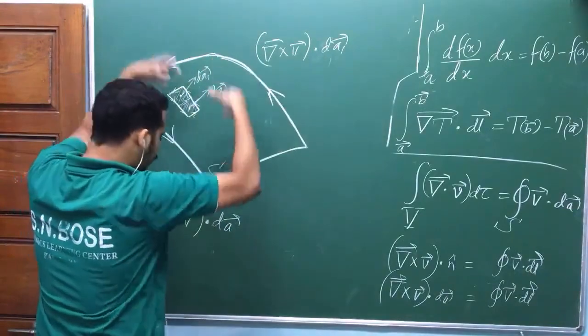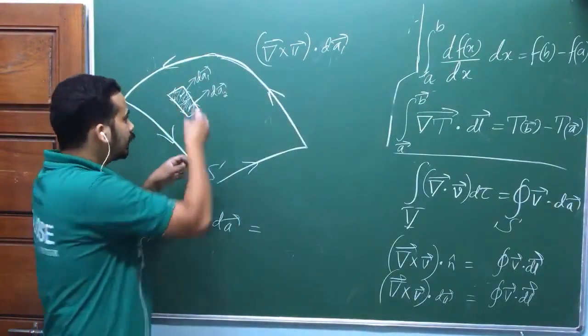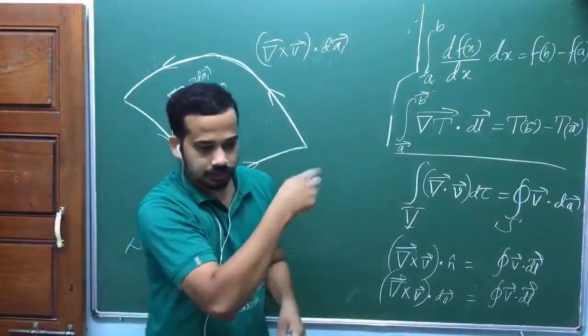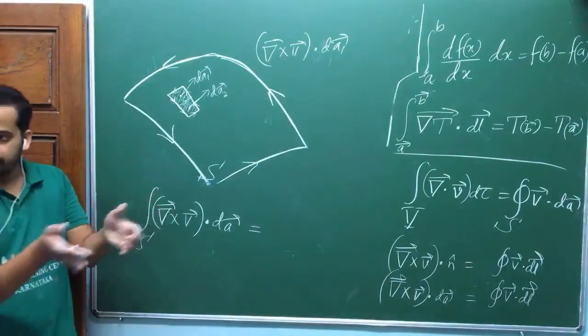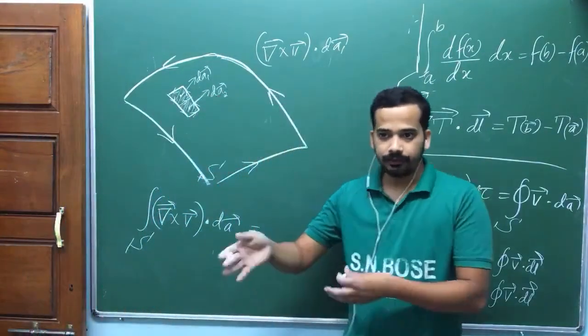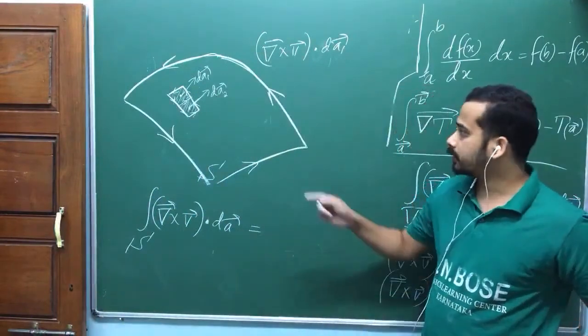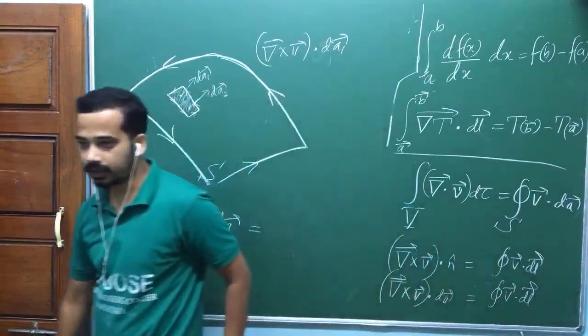You have taken a small patch, you have taken the dot product, you have integrated. So that is equivalent to adding those small circulations, where the effect of line integral around common paths is getting cancelled. Those effects are getting cancelled.